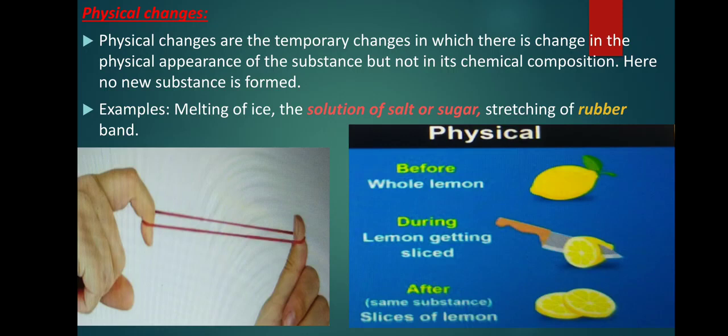While it may look very different in these three forms, it is still paper. A change like this, which alters a substance's appearance without changing its chemical composition, is known as a physical change.